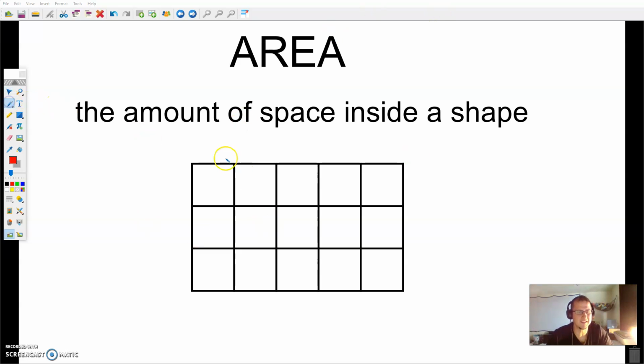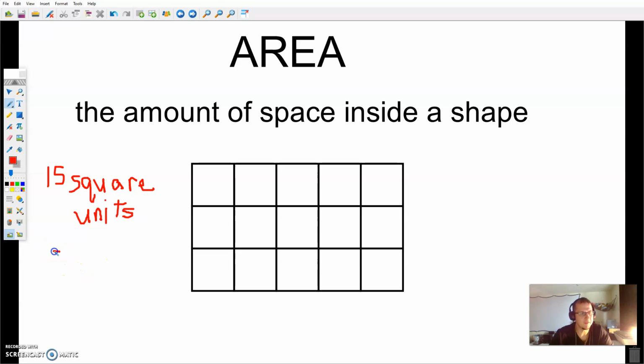And it is because of this idea of how many squares are inside the shape that we refer to this as square units. Okay, so that rectangle is 15 square units.